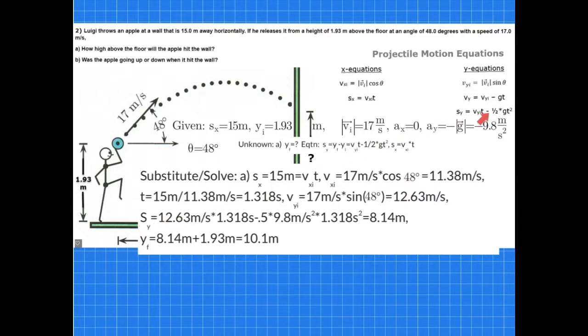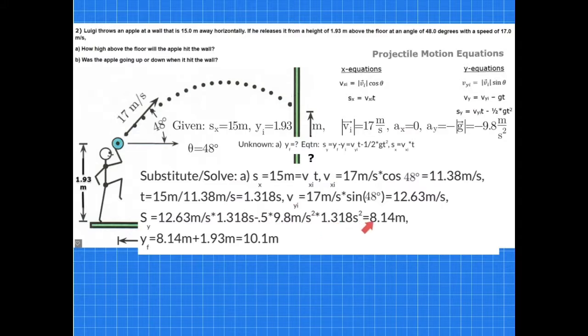To do so, we need Vy initial. Vy initial is 17 meters per second times the sine of 48 degrees, or 12.63 meters per second. Solving for s of y, we get 12.63 meters per second times the time, 1.318 seconds, minus 1/2 the acceleration of gravity, or 0.5 times 9.8 meters per second squared, times the time squared, or 1.318 seconds squared.